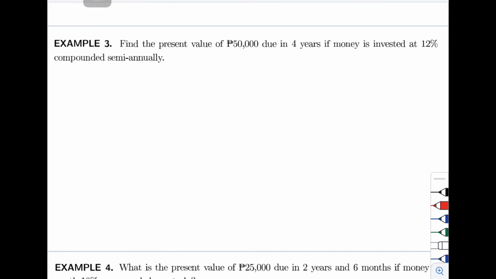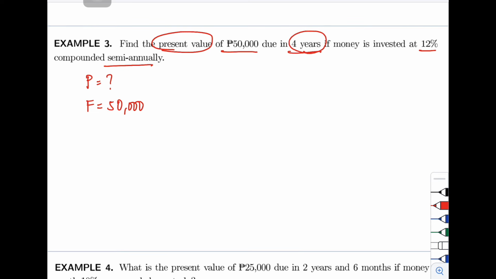Find the present value of 50,000 pesos due in 4 years if money is invested at 12% compounded semi-annually. So, dito guys, ang pinapahanap sa atin ay yung present value. Okay, yung P. So, identify natin yung mga given. First, meron tayong 50,000. That is our F. Yung ating maturity value.